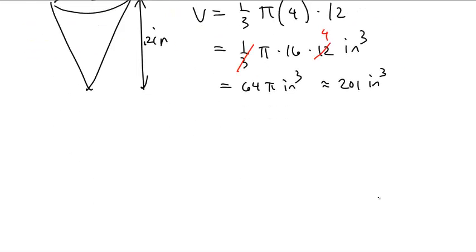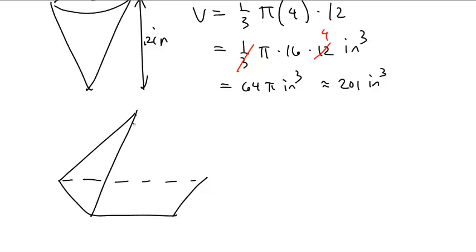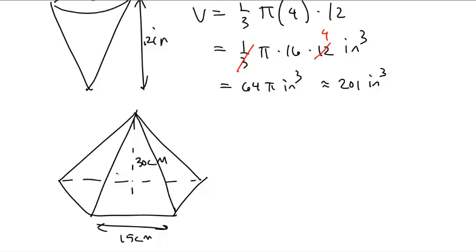If you had a trapezoidal base prism, something like this, and it all goes up to a point, you'd say, well, let's say the height is 30 centimeters, and across here is going to be 15 centimeters, and across the back is going to be 35 centimeters, and this distance from here to here is going to be 7 centimeters.